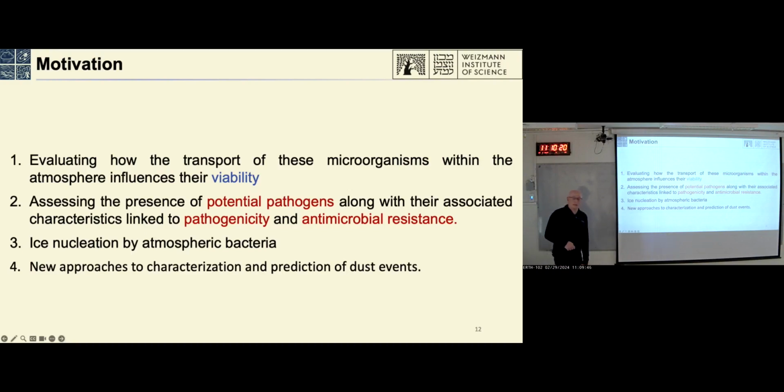We want to understand ice nucleation. If we have time, we will talk about that. And then I'll talk about new approaches to characterization and prediction of dust events by machine learning and AI techniques, if we have time.